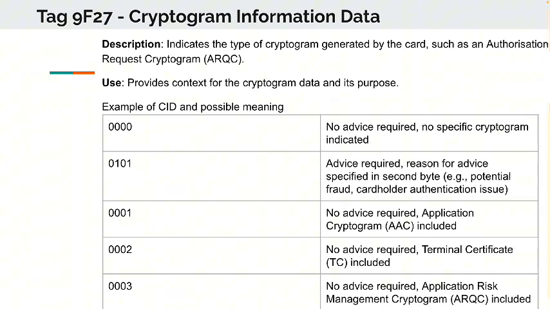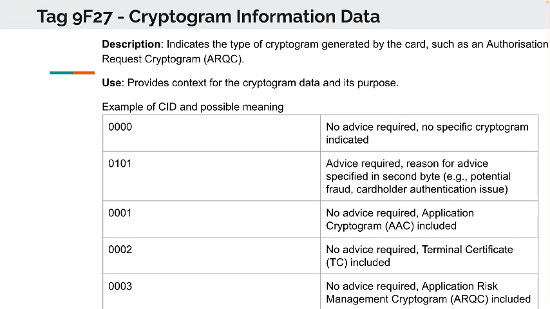However, it is now left to you to do more checks to know what is going on in that particular transaction. I don't know if you get what I'm trying to say, right? So that is what the second value is.